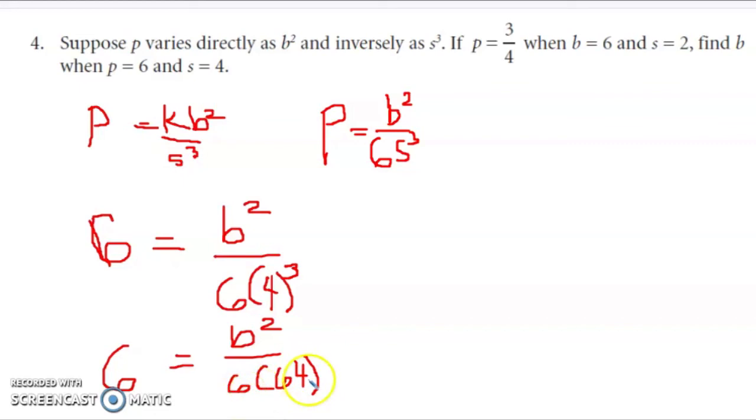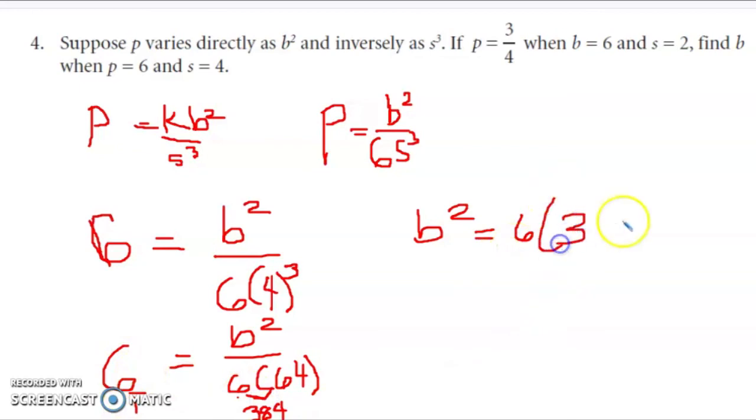Let me now multiply 6 and 64. That is 384. So take note that this is 384. Now, by cross multiplication, B squared times 1 is B squared. And that would be 6 times 384.